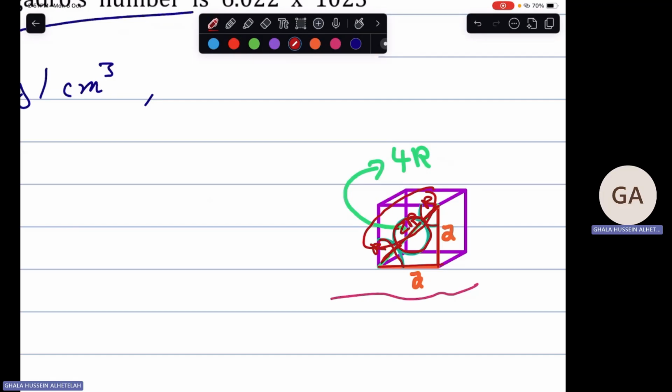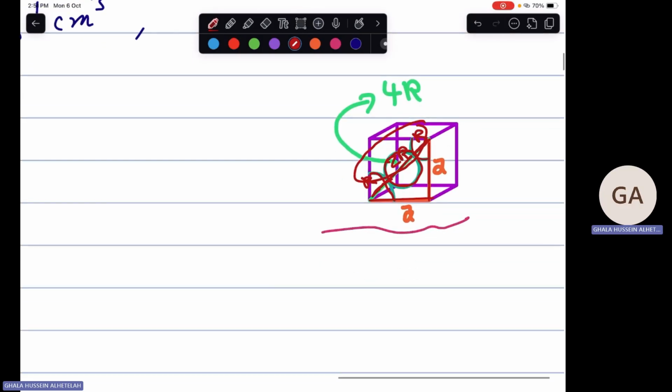By adding all of these to find the length of this diagonal, r plus 2r plus r is equal to 4r, and by Pythagoras theorem, we square the 4r, which is equal to the diagonal, side 1 squared plus side 2 squared.